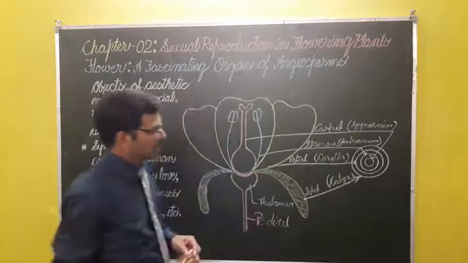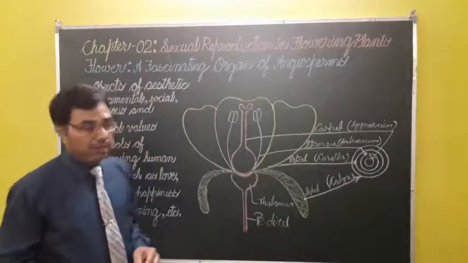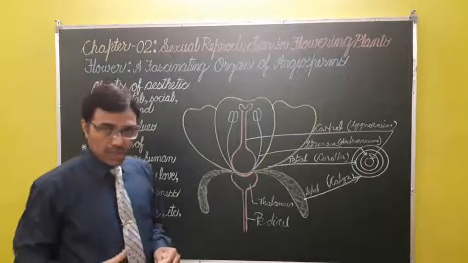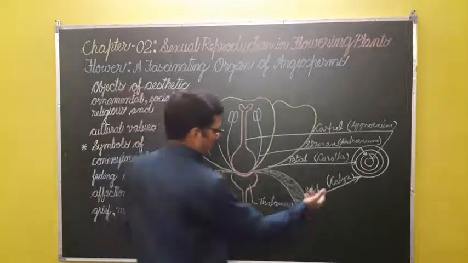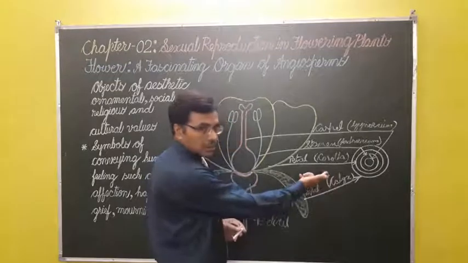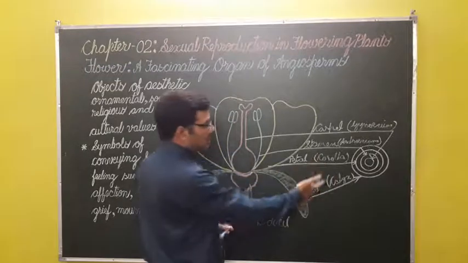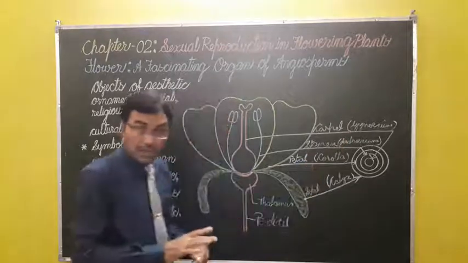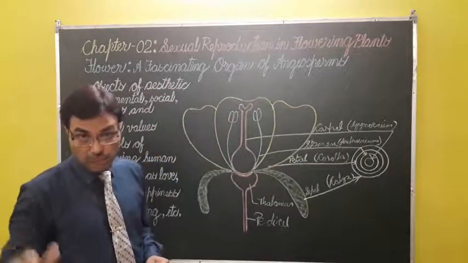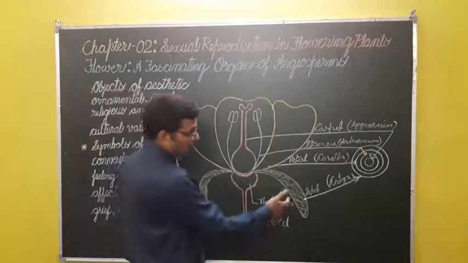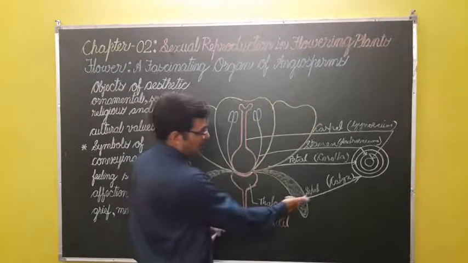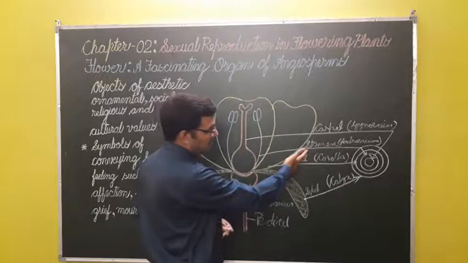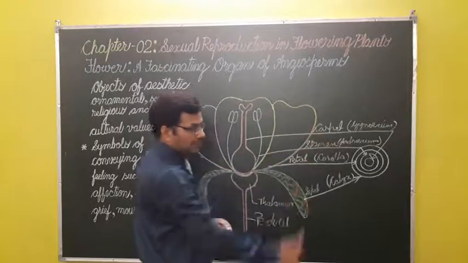So in this way, a typical flower has 4 whorls. From outside to inside, calyx, corolla, androecium, gynoecium. These are the collective names. But when we talk about the units, from outside to inside, sepals, petals, stamens, and carpel.